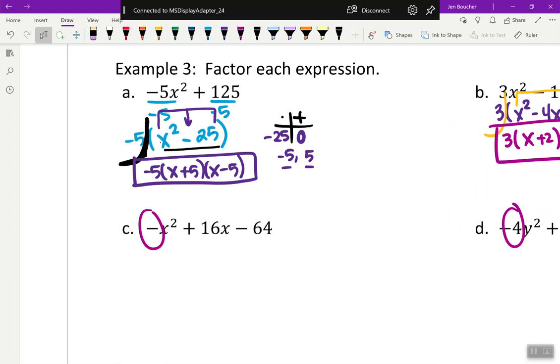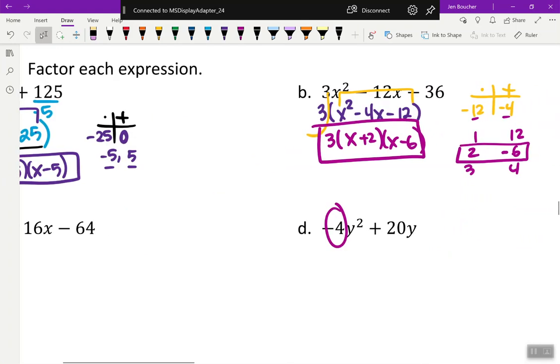So part C. You didn't put the signs? No, I think we kept it.